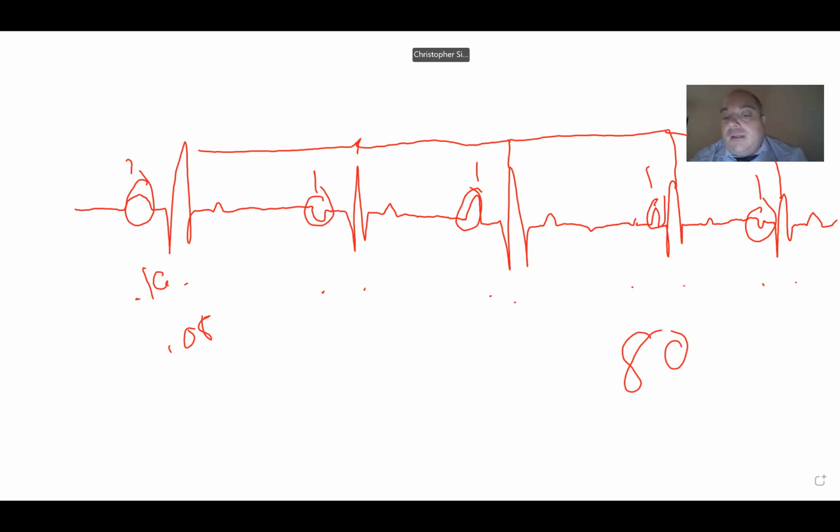The only difference really is that wandering atrial pacemaker is going to be less than 100 beats per minute.